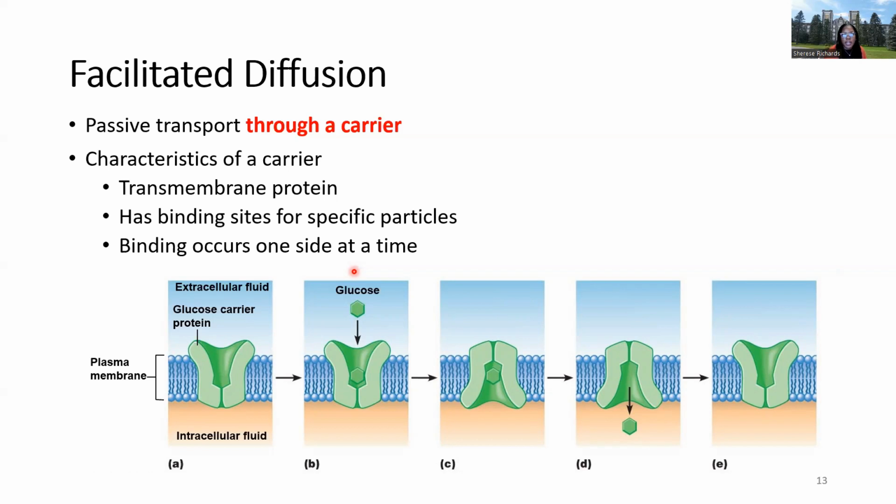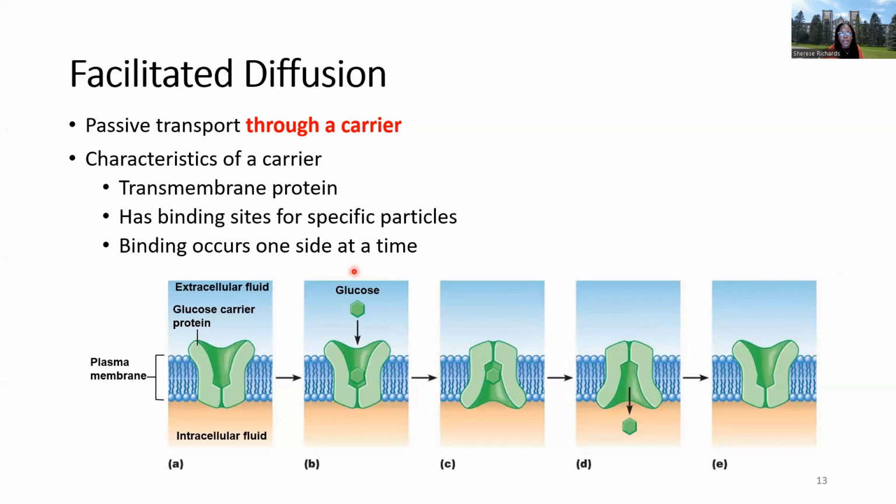The characteristics of a carrier, which will help particles get through the membrane, is that they are transmembrane proteins. If we think back to the proteins we looked at on Monday when we described the membrane, the carriers are always transmembrane, in that they span the full length of the membrane, which makes them integral proteins.